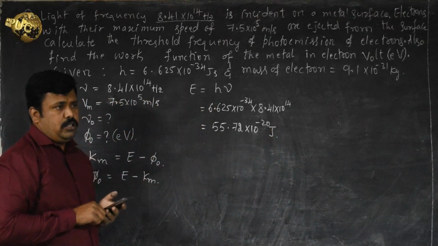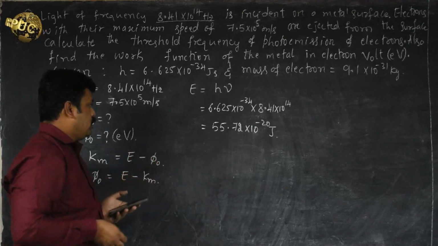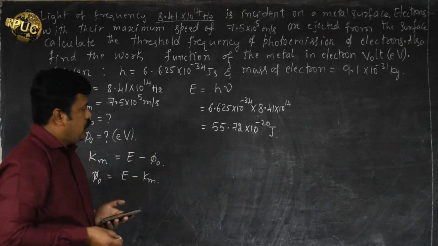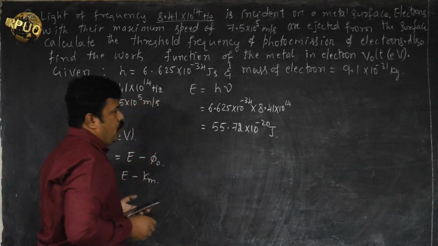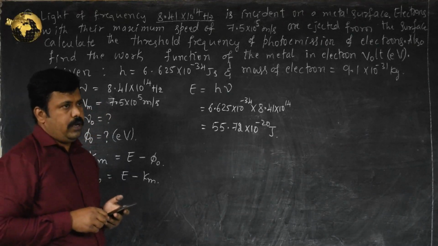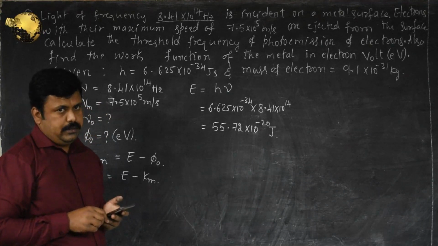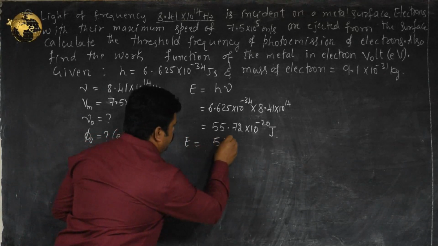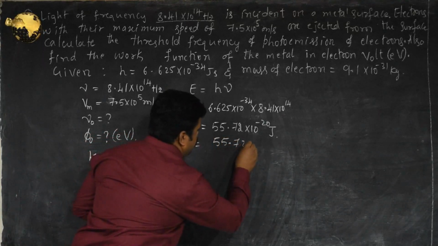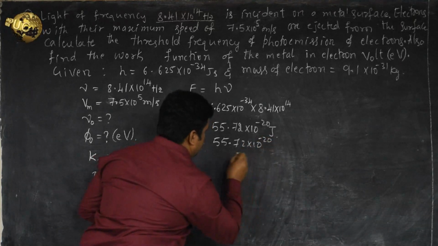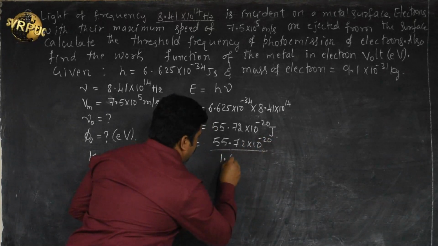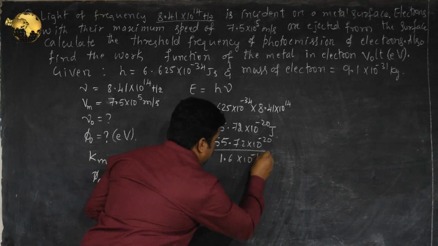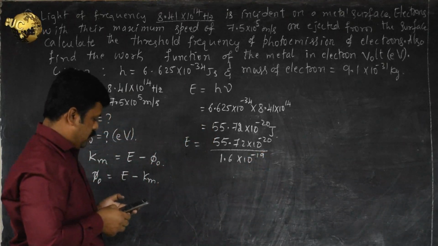This is in joules. You can also convert this into electron volts by dividing the value by 1.6 into 10 to the power minus 19 joules. So let's convert this into electron volts: 55.72 into 10 to the power minus 20 all divided by 1.6 into 10 to the power minus 19.